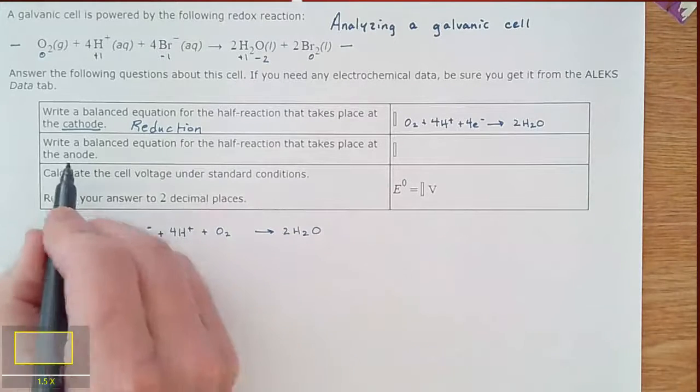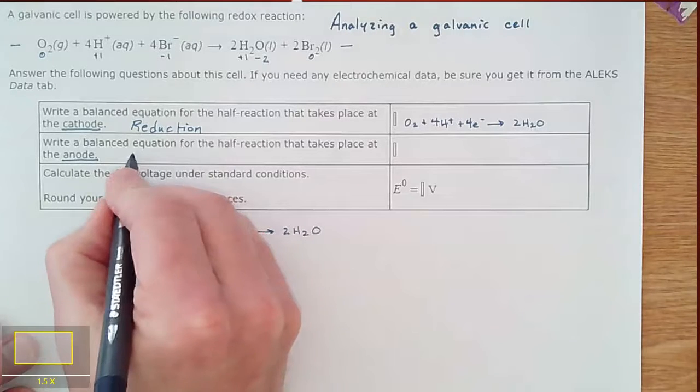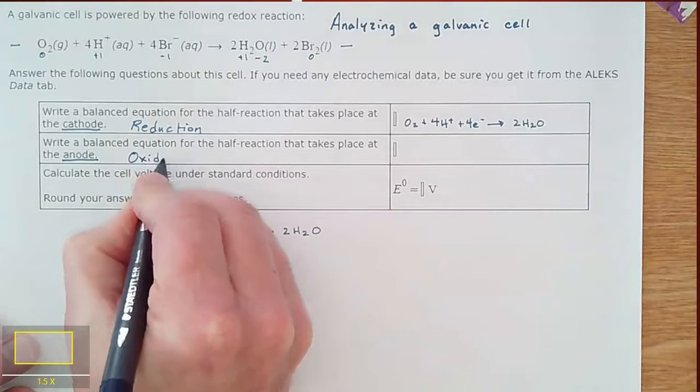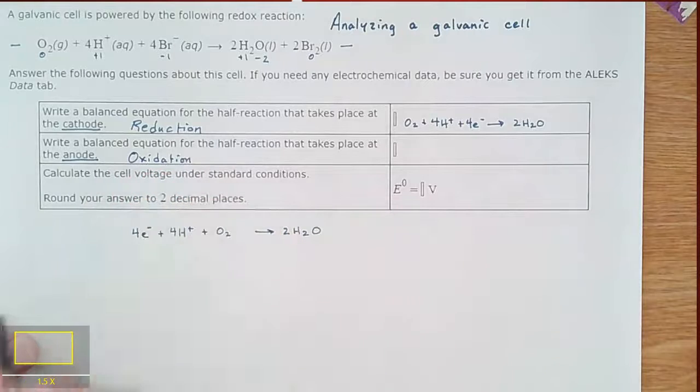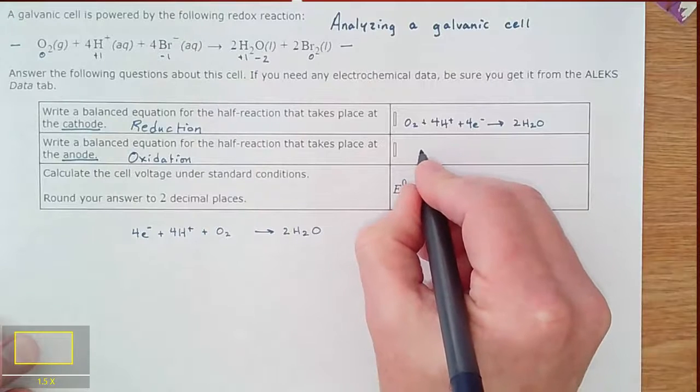Okay, the next question is, what half reaction will take place at the anode? And that is the reaction that is our oxidation. That one's going to be quite a bit easier. We'll just do it right in the square here.